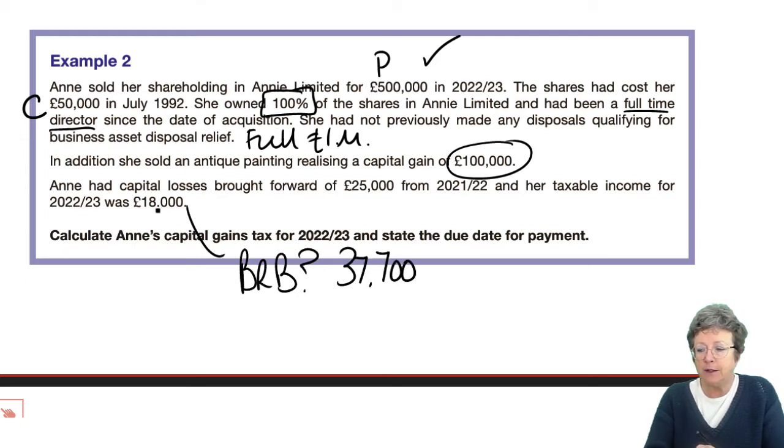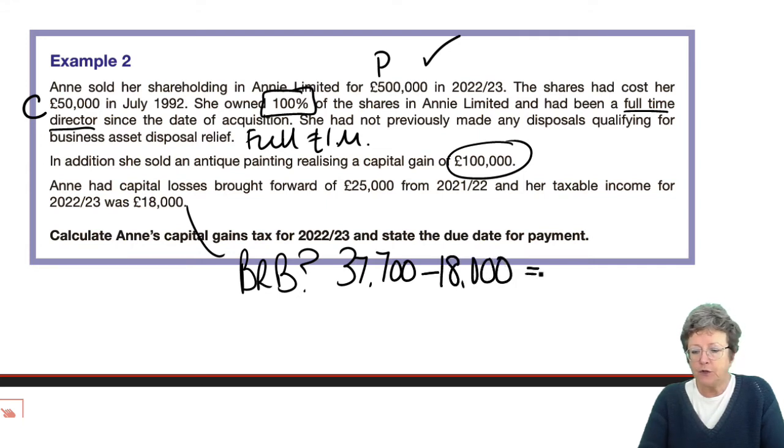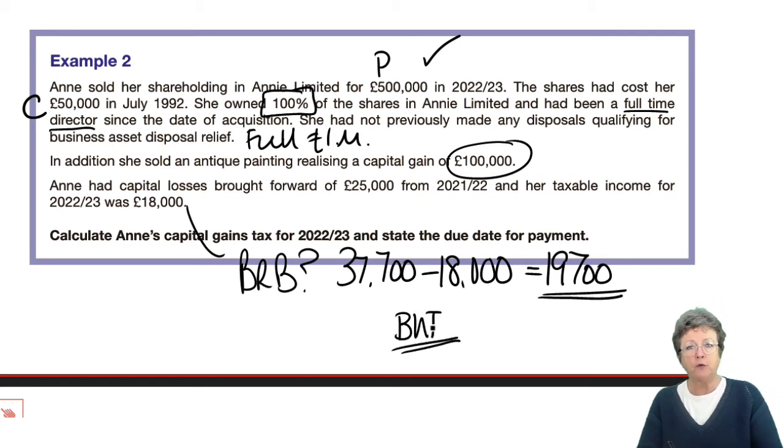That's taxable income after the personal allowance. So she's got a basic rate band left of that. Okay, always show it, because there is a but with this one, but you need to show it. It is important because you've shown the examiner, you know that what the rule is in that situation.